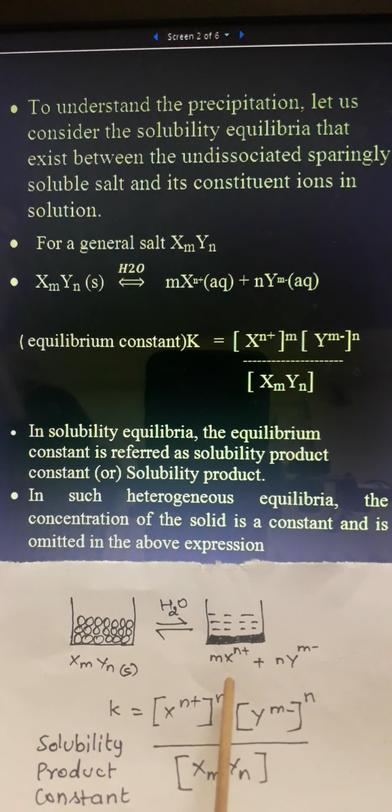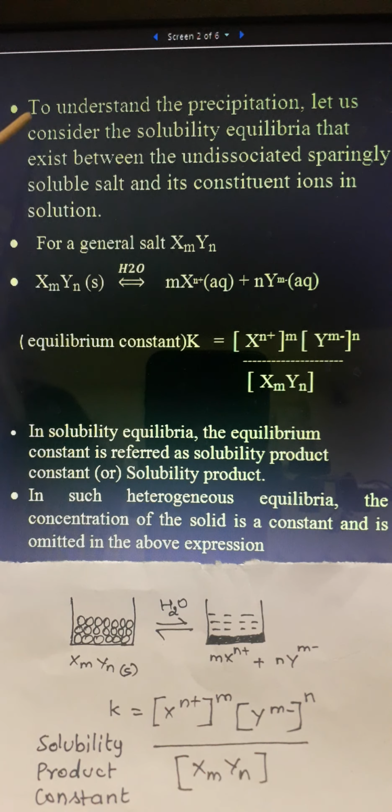So the product is the concentration of X^n+ raised to the power m, times the concentration of Y^m- raised to the power n, divided by the concentration of XmYn. Here m and n are the number of moles, written as exponential powers.